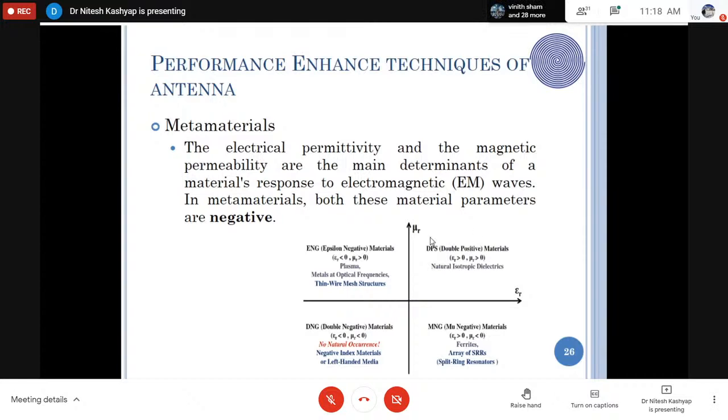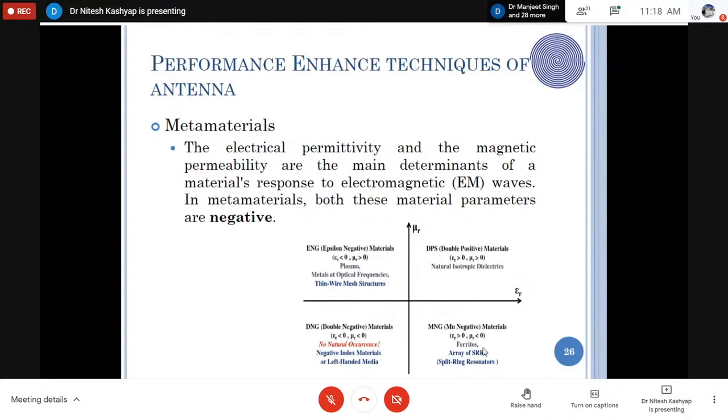If epsilon is negative, we come to the second quadrant, where plasma is introduced, the metal at optical frequencies. We can also make this negative epsilon with the help of a thin wire mesh structure. So these are epsilon negative materials.